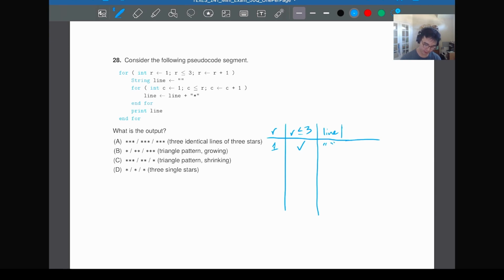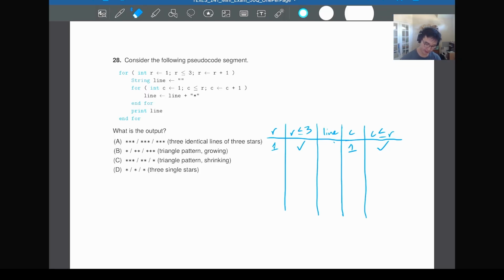I go into the inner for loop, and it says C is 1. So C has the value of 1, and I have a condition: is C less than or equal to R? So is 1 less than or equal to 1? That is true. So then I do line is line plus star.